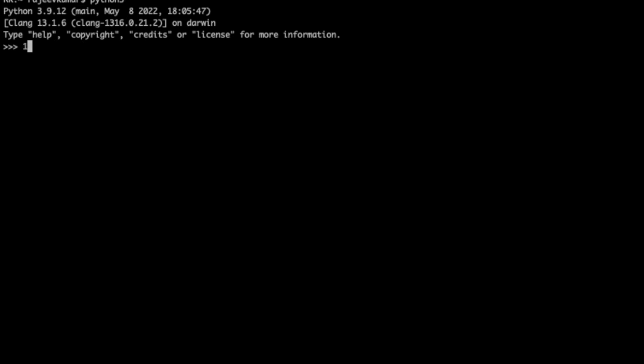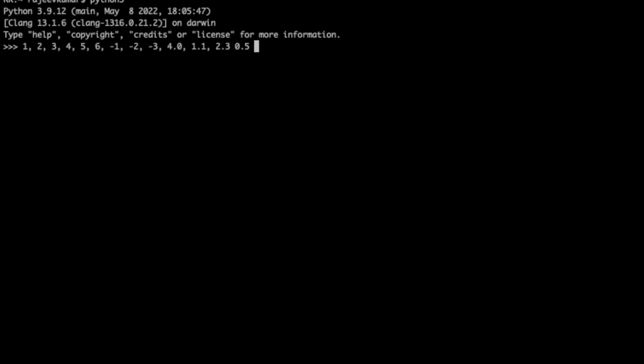It can be an integer like 1, 2, 3, 4, 5, 6 and so on. It can be negative as well, like -1, -2, -3 and so on up to minus infinity. It can be a float number as well, for example 4.0, 1.1, 2.35, 0.5 or something like this.